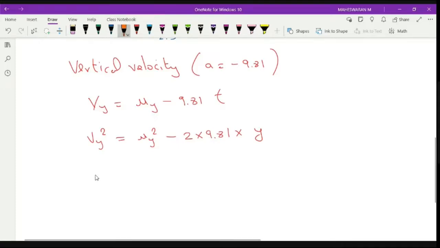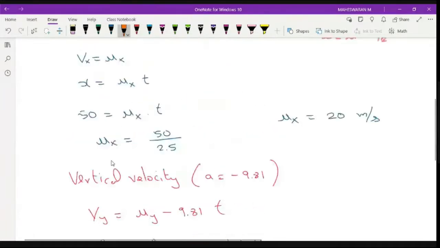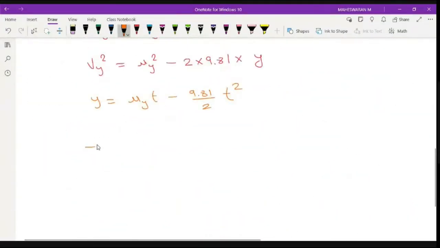So next, S is equal to UT. So Y is equal to UyT minus 9.81 by 2 T square. All the values are known here, so I can use this. Your Y is minus 1.2, equal to UyT.